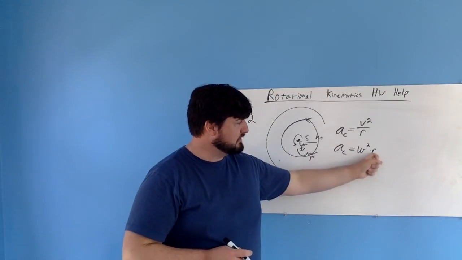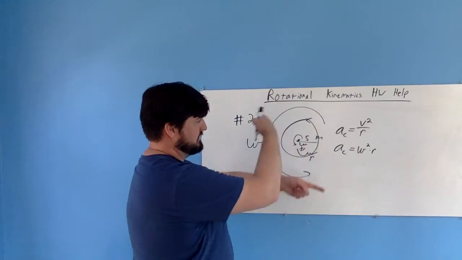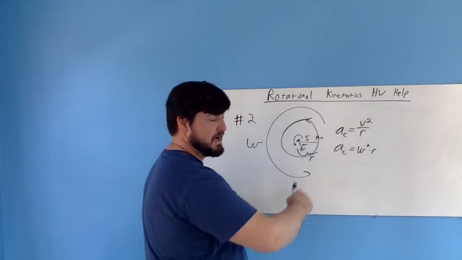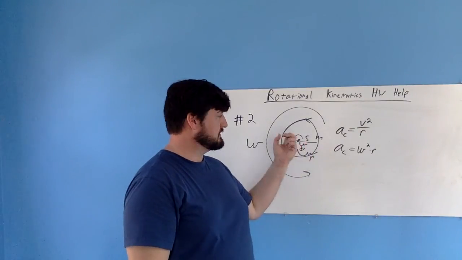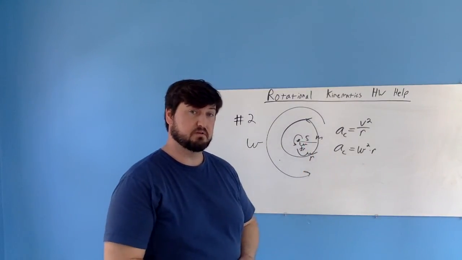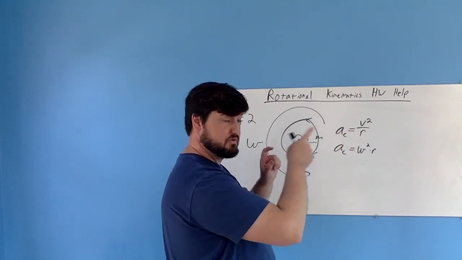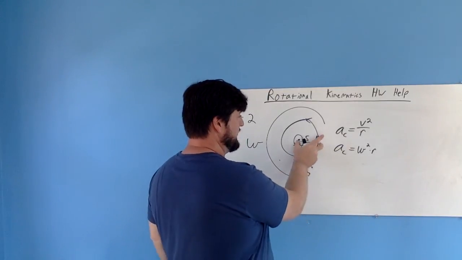So as your r increases, even if you've got the same omega out here, everybody's traveling the same number of radians per second, the farther you go out, you're covering more distance, so you've got a higher centripetal acceleration. The closer you are to the center, the lower your centripetal acceleration. So if you're closer to the center, you're actually feeling less of a push, in or out, centripetal or centrifugal. If you're on the outside, you're feeling more.